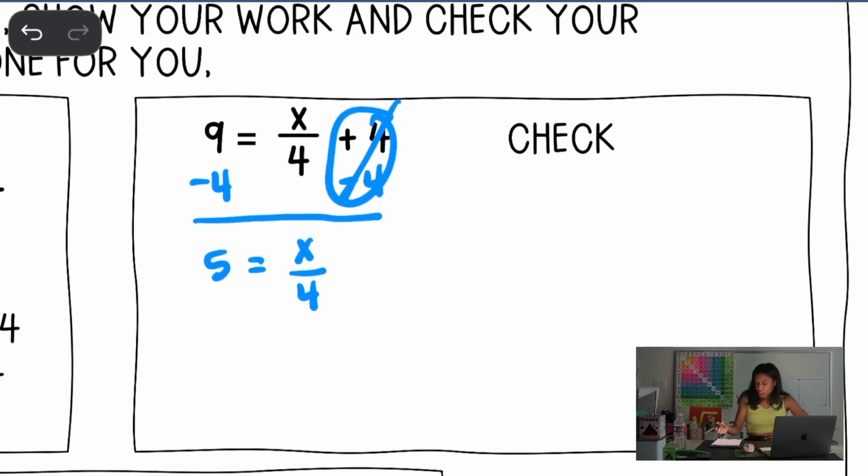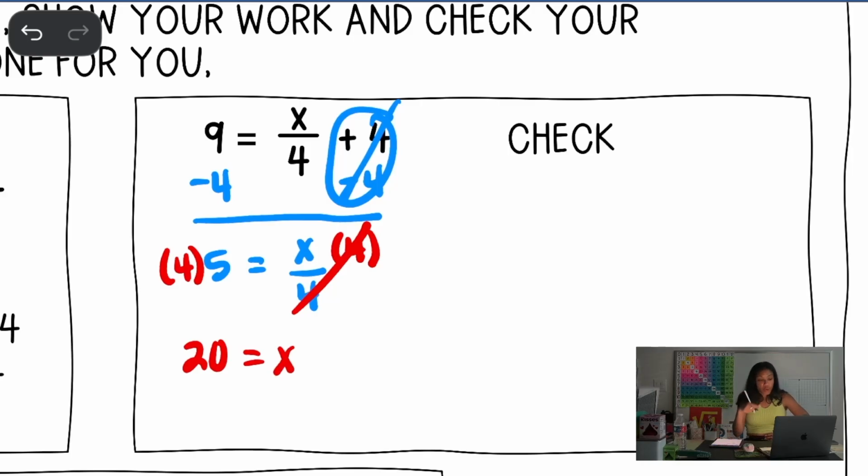Okay, my next step is to get rid of that denominator. I need 4/4 to make a whole. So I'm going to multiply both sides by 4. And this gives me 20 equals x. Now, remember, they want me to check my work. So I'm going to rewrite the equation that I have. Check 9 equals x over 4 plus 4 if x equals 20.